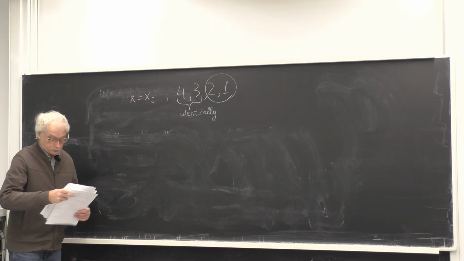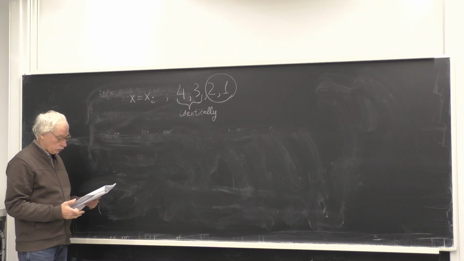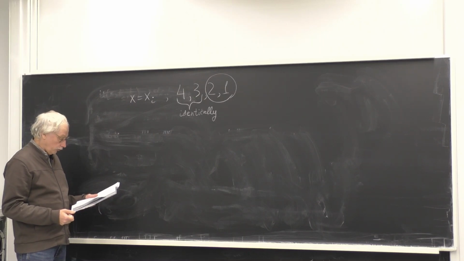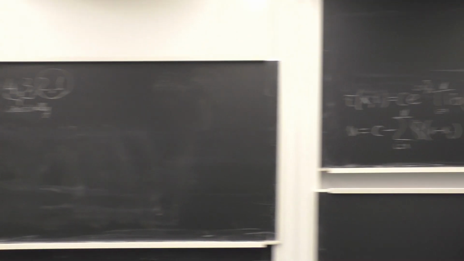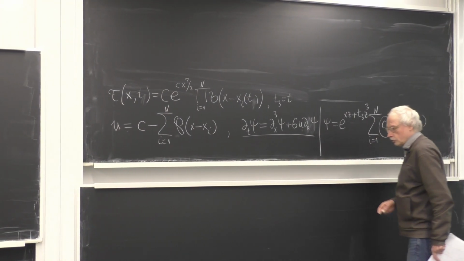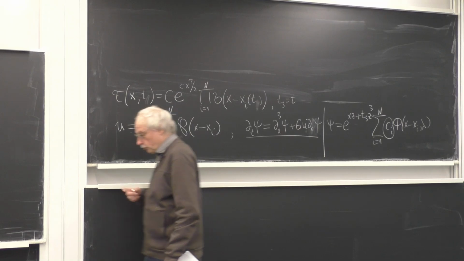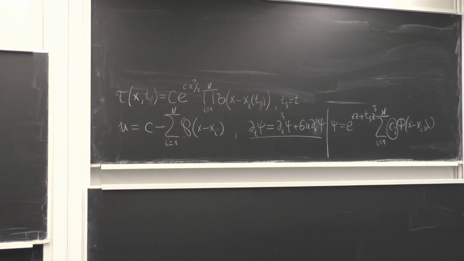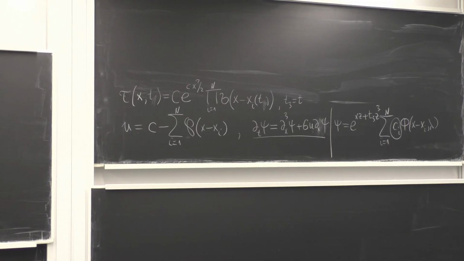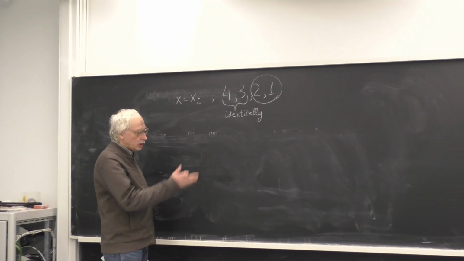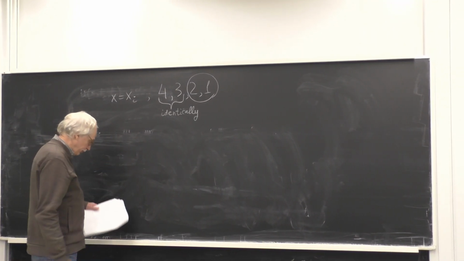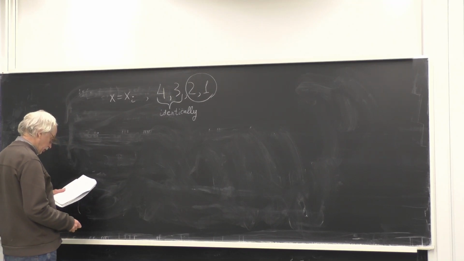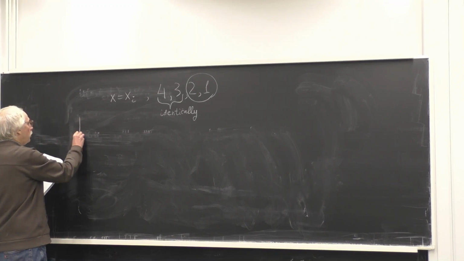This leads to a system of equations for these coefficients Ci in much similar way as it was for a Calogero-Moser case. But now the calculations are more difficult. And the result can be written in the matrix form.